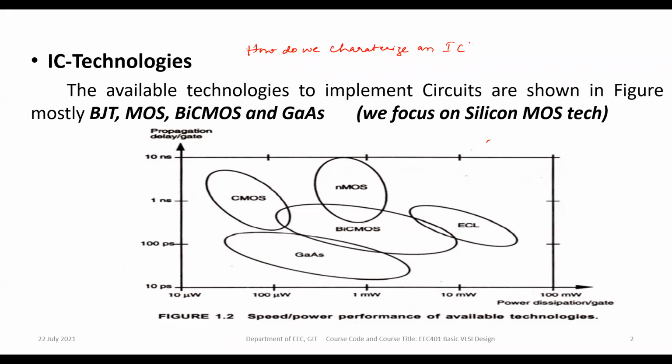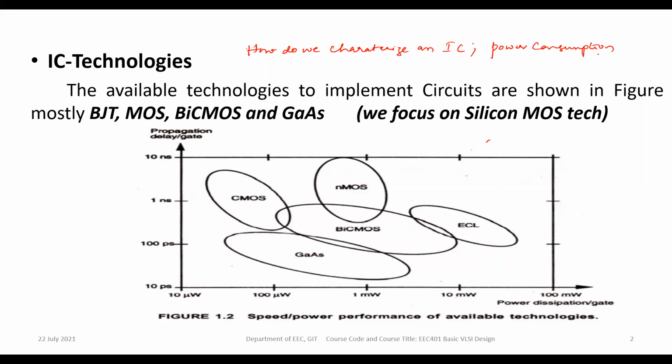Okay, so for that, the first important point is the power consumption. Power consumption of an IC is very, very important. Why is power consumption important? Generally, nowadays people are using portable devices, right?